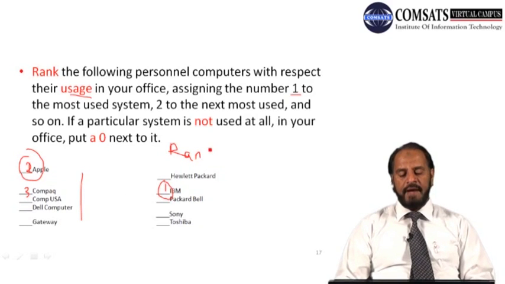If you are asking to rank, you're just saying rank the most used computer, then the second most, the third most, and the fourth most. You are getting these rankings, but the issue is how much more IBMs are being used than the others, and how many more Apple computers are used than the Compaq.